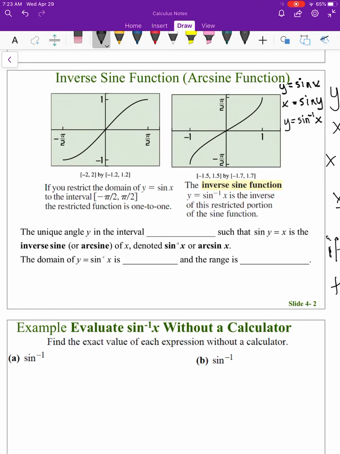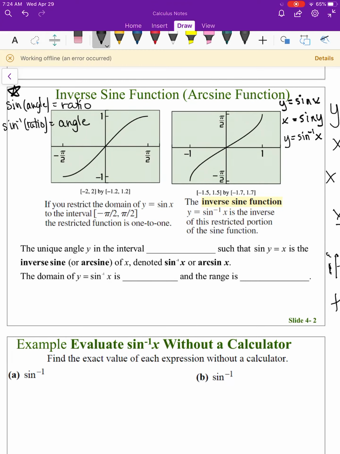And the best way for me to remember it is you're always taking the sine of an angle and you get a ratio. But if you're taking the inverse sine, it is the ratio and your answer is an angle. I think that is the best way to remember that.